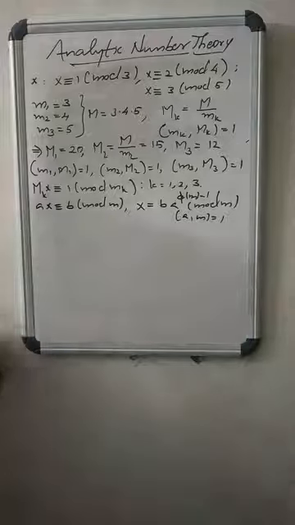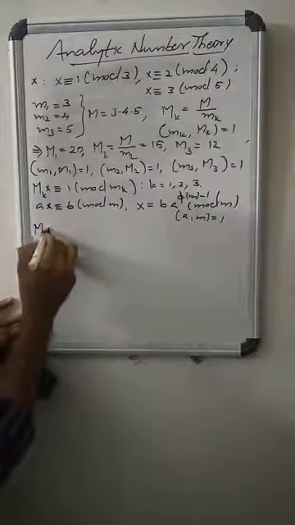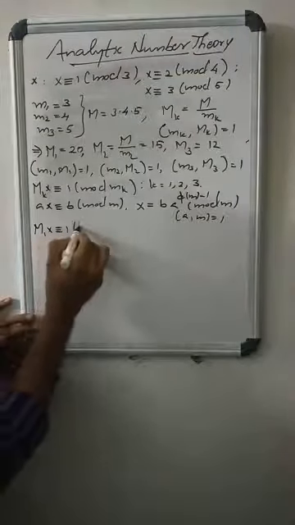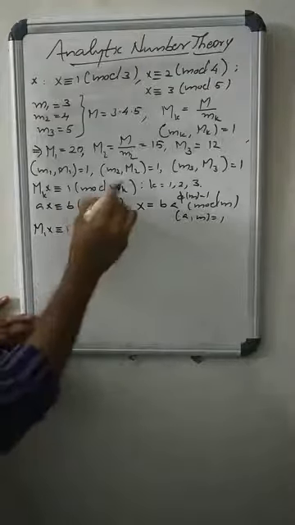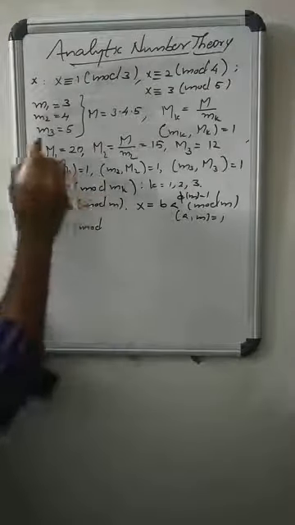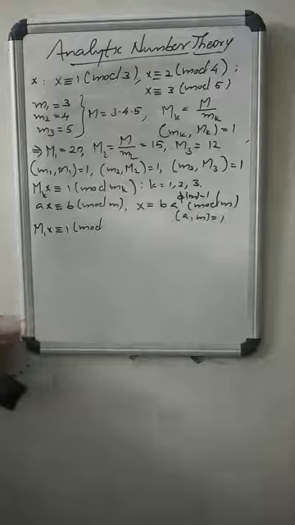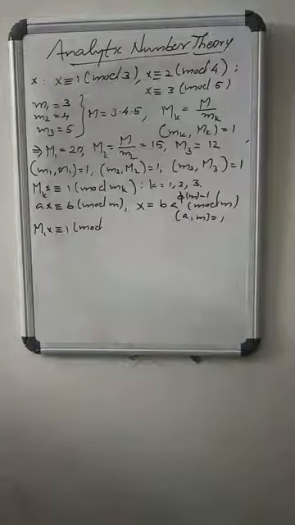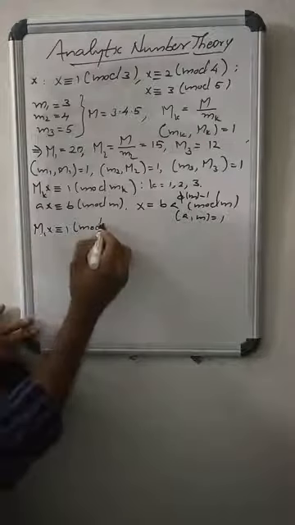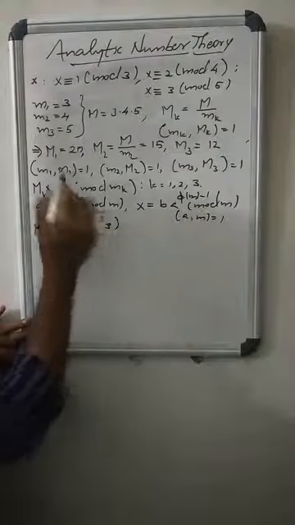According to that argument, when k equals 1, we have M_1 x ≡ 1 mod m_1. What is small m_1? Small m_1 is 3, and capital M_1 is 20.